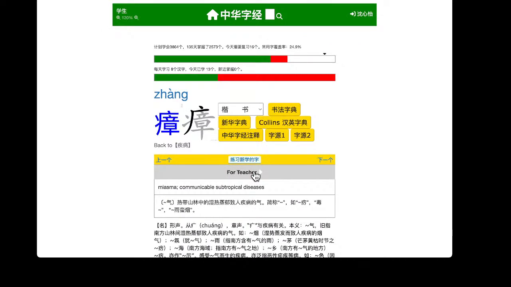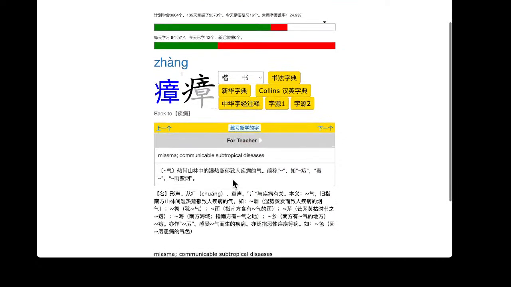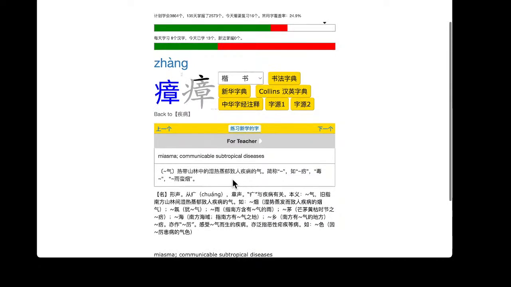Zhang. This is zhang. Used in zhangqi, which is miasma. Miasma was this idea of infectious disease that people had before the germ theory.